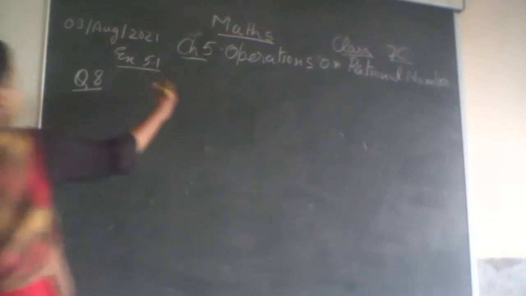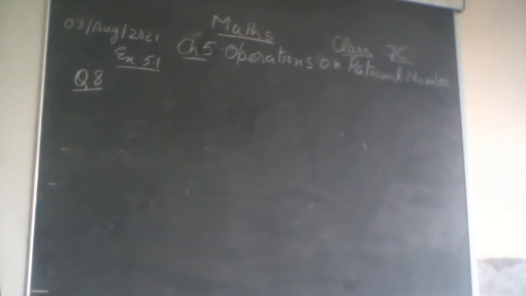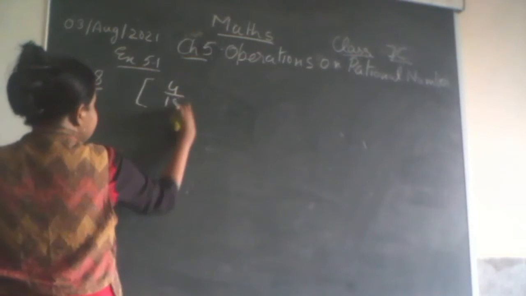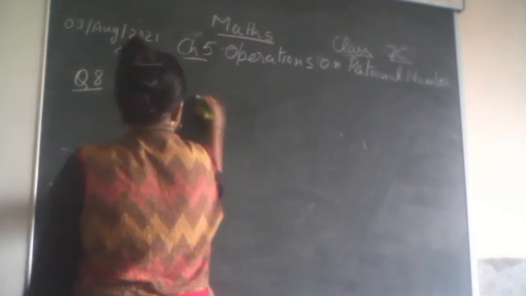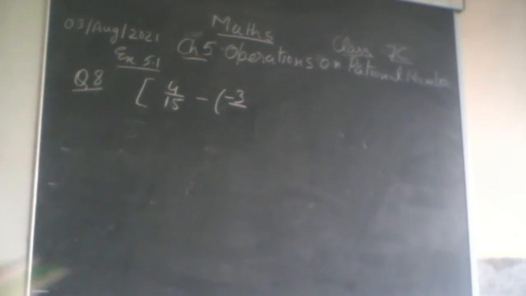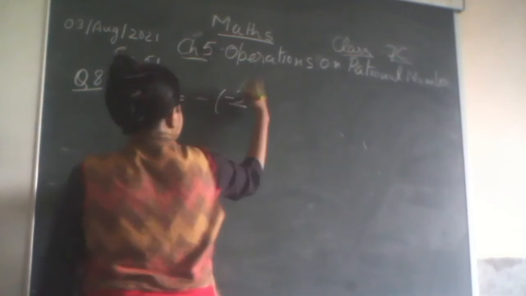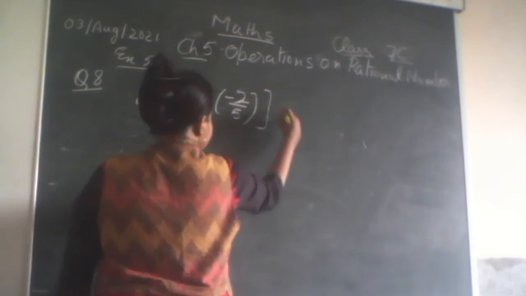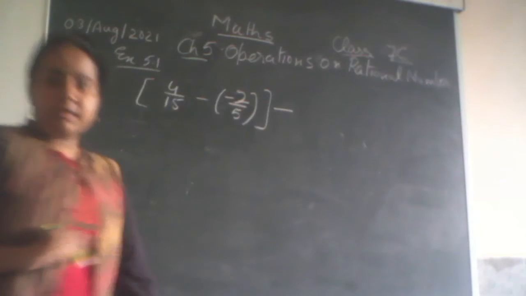It says difference minus sum, so in square bracket 4 by 15 plus minus 2 by 5, square bracket closes, minus, right? Am I correct? Yes, ma'am.